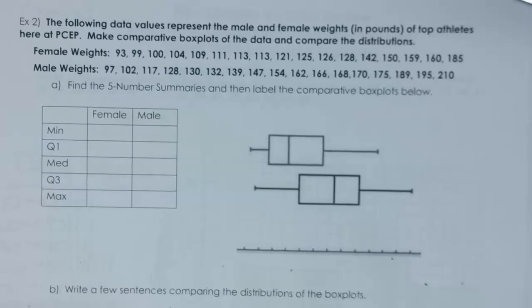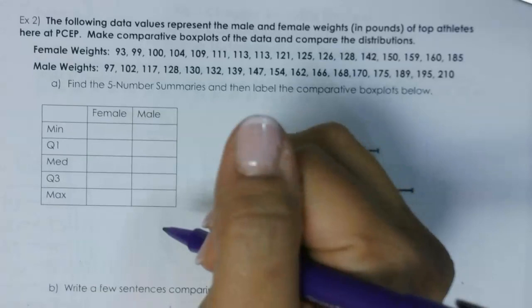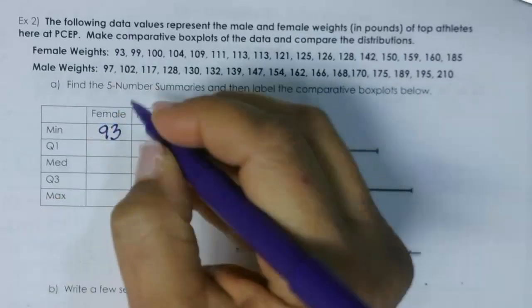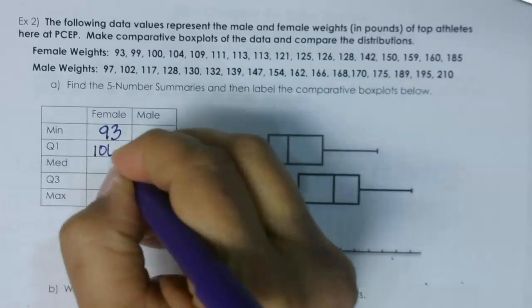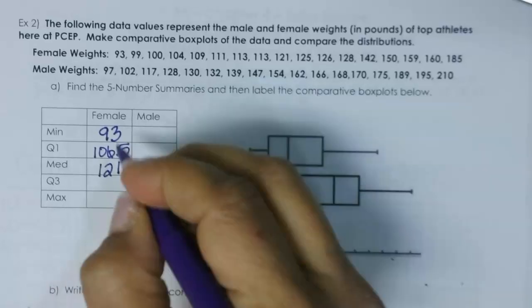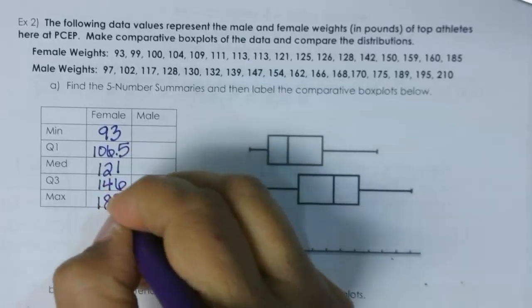Now the question is, did anyone really pause the video or did you just wait for me? Anyway, so here's what I came up with for the female weights: the minimum 93, Q1 106.5, median 121, Q3 146, max 185.